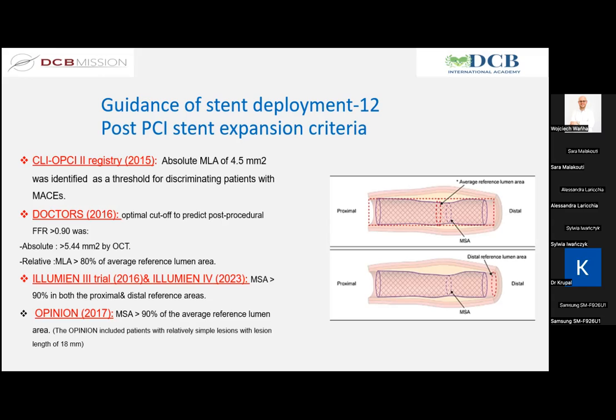ILUMIEN 3 and ILUMIEN 4 used minimal stent area of more than 90% in both proximal and distal reference areas, and the OPINION trial used minimal stent area more than 90% of the average reference lumen.